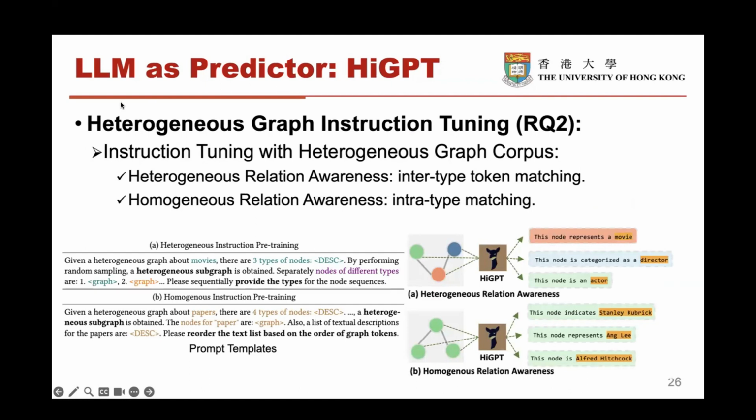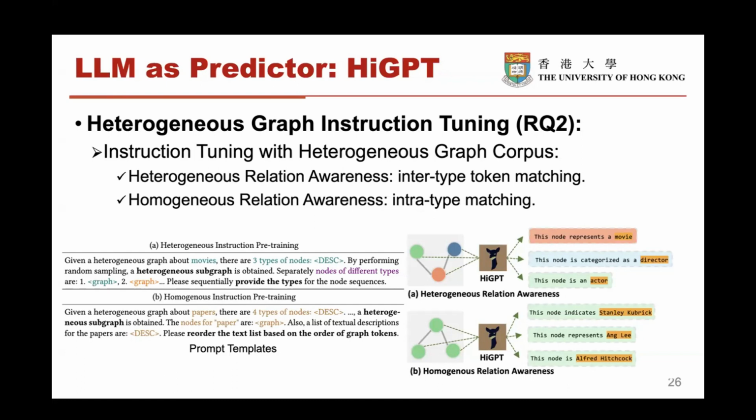In our experiments, we found that in HiGPT, if we don't use the instruction tuning with the heterogeneous graph corpus, and we only instruction-tune the LLM with task-specific heterogeneous graph data with maybe 3 shots, 5 shots, 10 shots, or 60 shots, the large language model failed to conduct the downstream heterogeneous graph task, such as heterogeneous graph node classification or others.